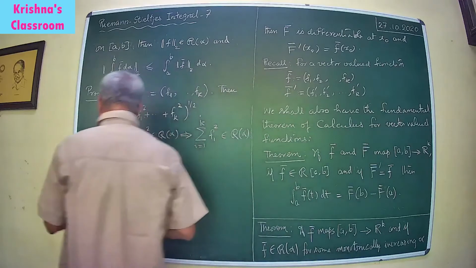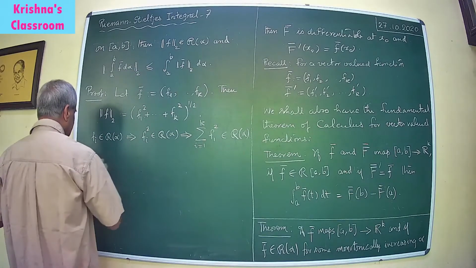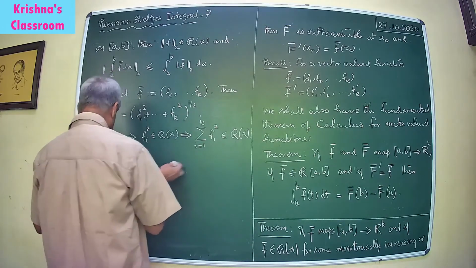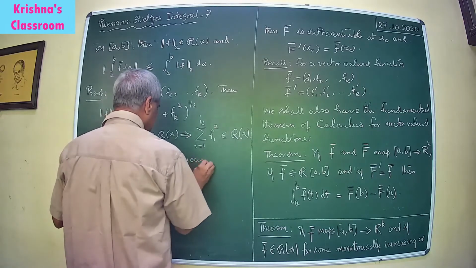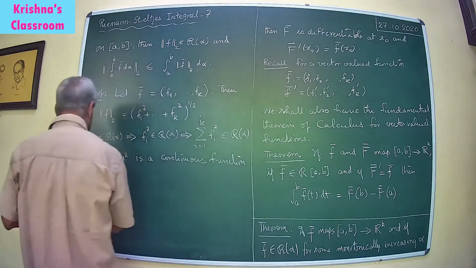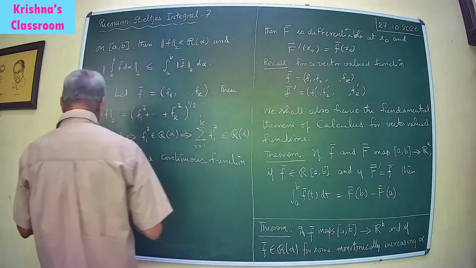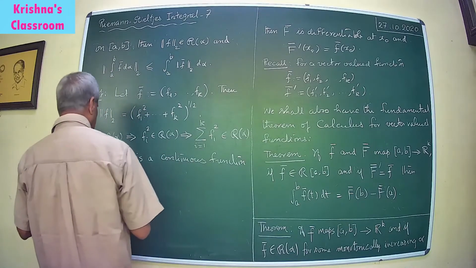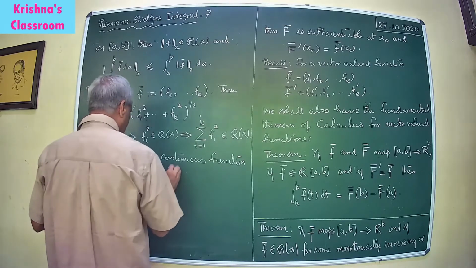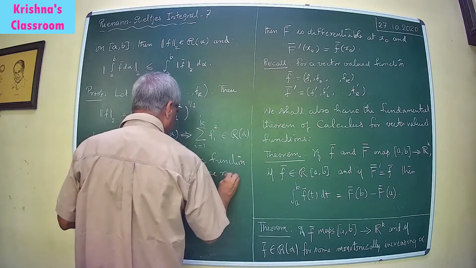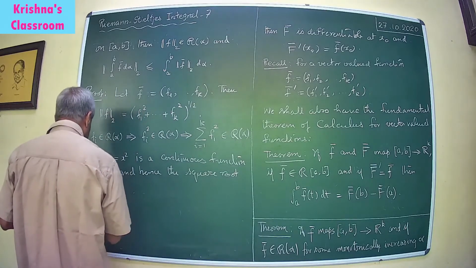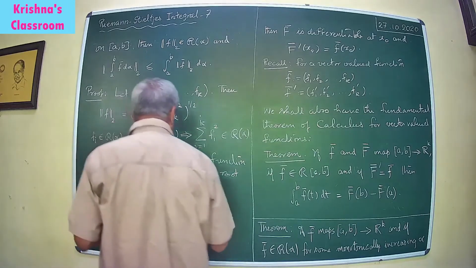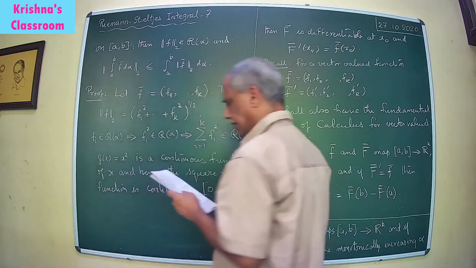Look at the function g(x) equal to x square, which is a continuous function of x, and hence the square root function is continuous on the interval 0 to some number, for every real n.